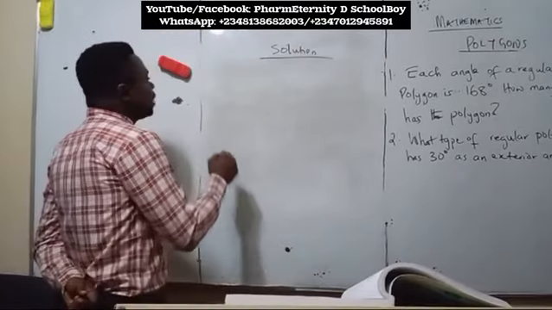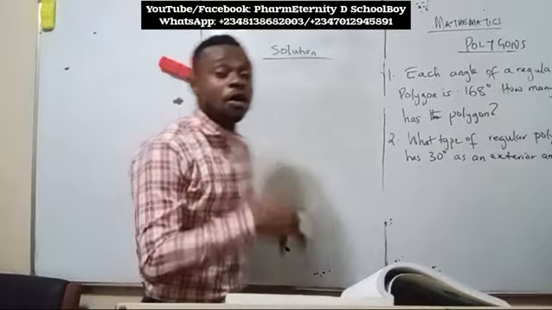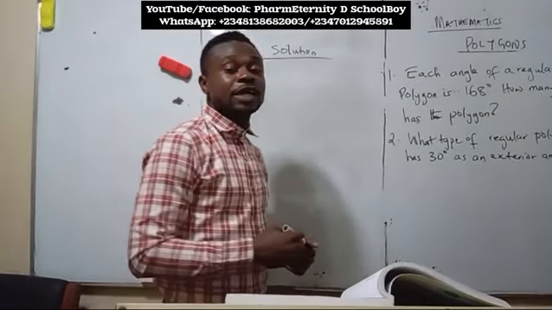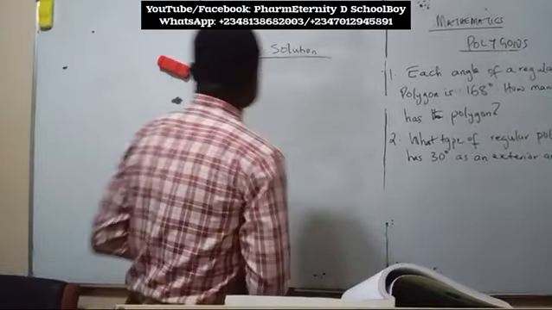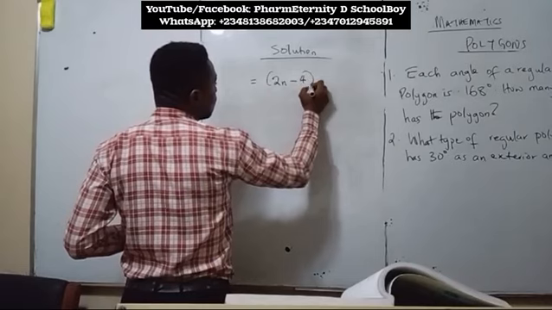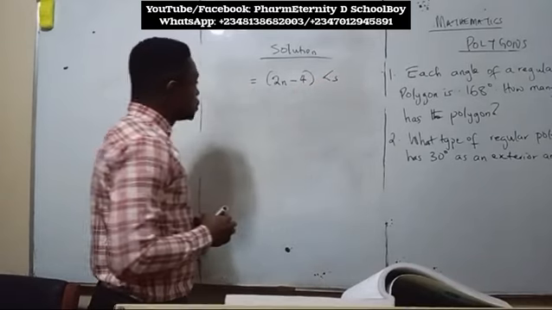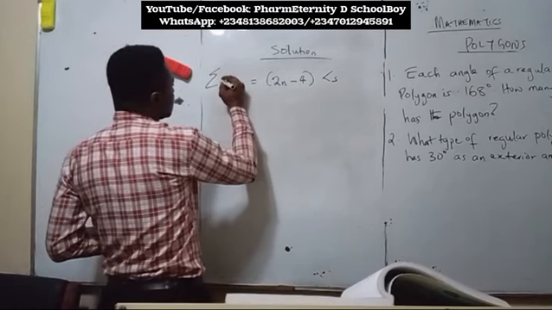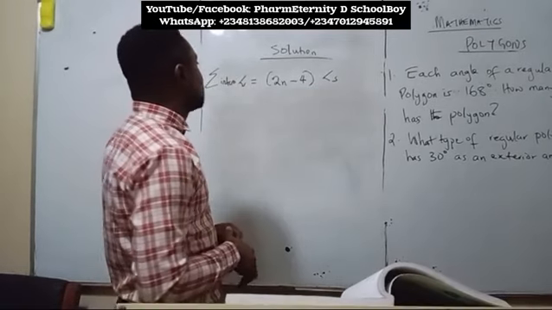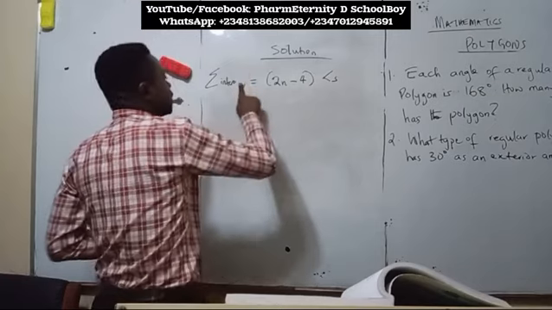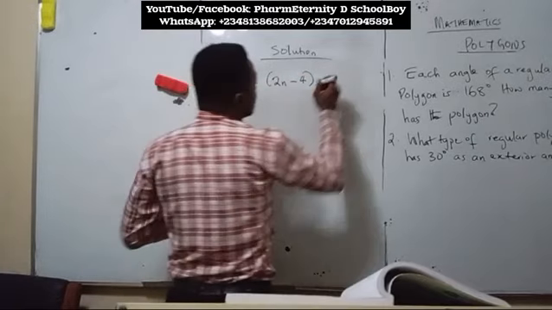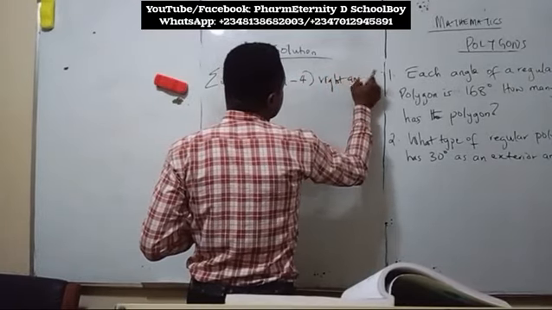Now, the formula says that the sum of the interior angles of a regular polygon is simply 2n minus 4 right angles.